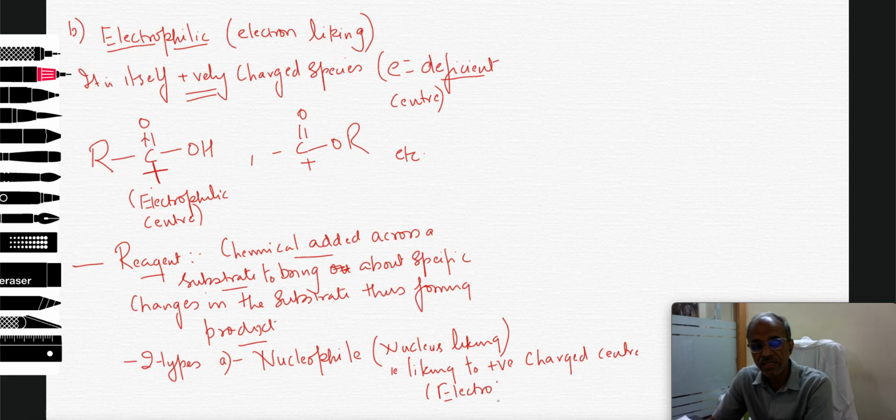So a nucleophile, we will indicate as Nu minus. Minus indicates rich in electrons. Nucleus liking, which is rich in electrons.